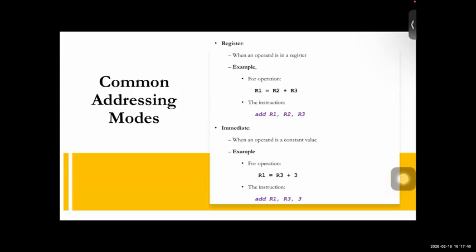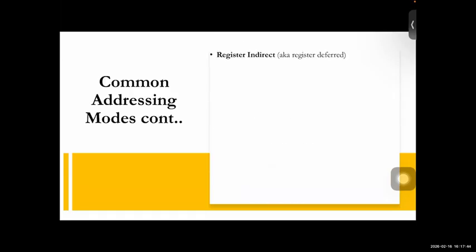The next addressing mode is the register indirect addressing mode, also known as register deferred. That is to say, the second operand of the operation is a register, but that register holds the address of the operand, the memory address of the operand.